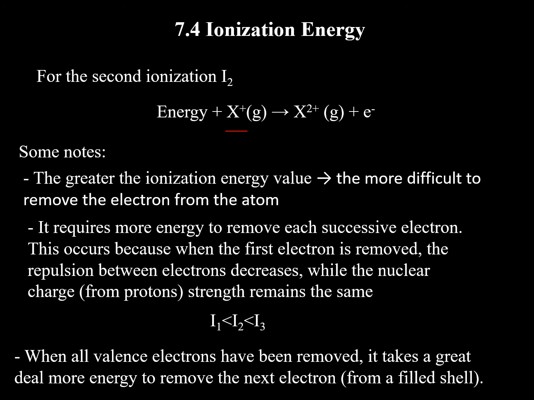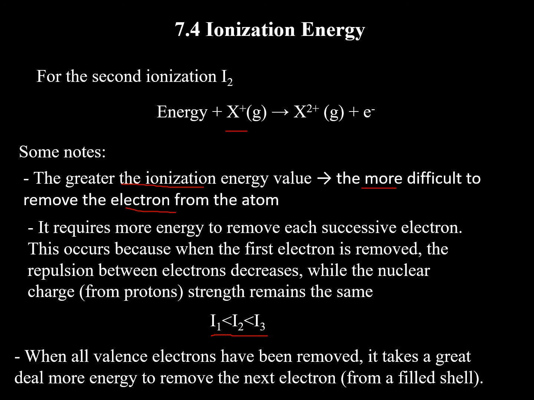So some general notes: the greater the ionization energy value, the more difficult it is to remove an electron. This is also shown here. The I1 is usually, in general, less than the I2 and the I3. This is for a particular valence shell or valence electrons on a particular level.